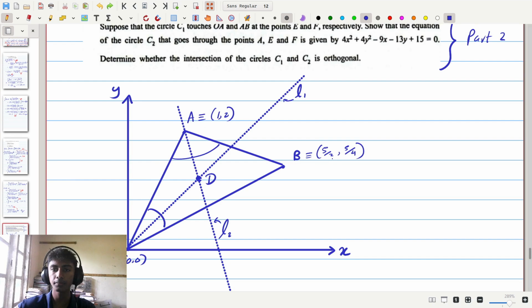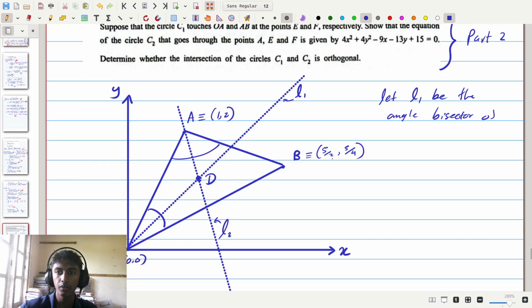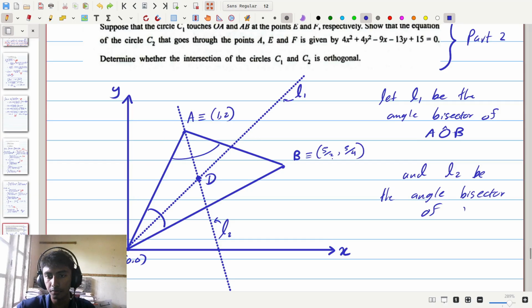So I'm going to declare: let L1 be the angle bisector of the angle AOB, and L2 be the angle bisector of the other angle, OAB. And there we go. We've defined the two angle bisectors L1 and L2.